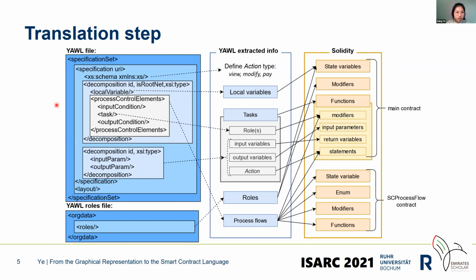The translation step is shown in this figure, which is extracting the YAWL file and YAWL raw file into the Solidity file. The extracted information is shown in the middle, and the Solidity components are shown on the right.